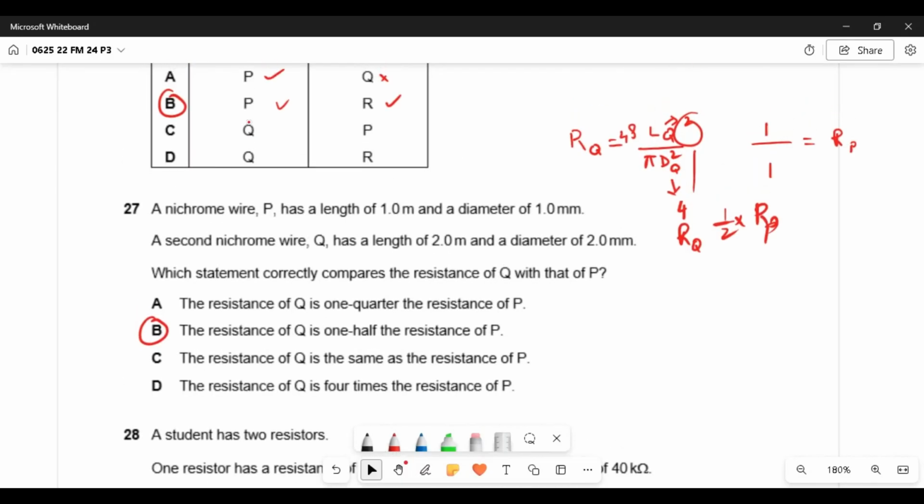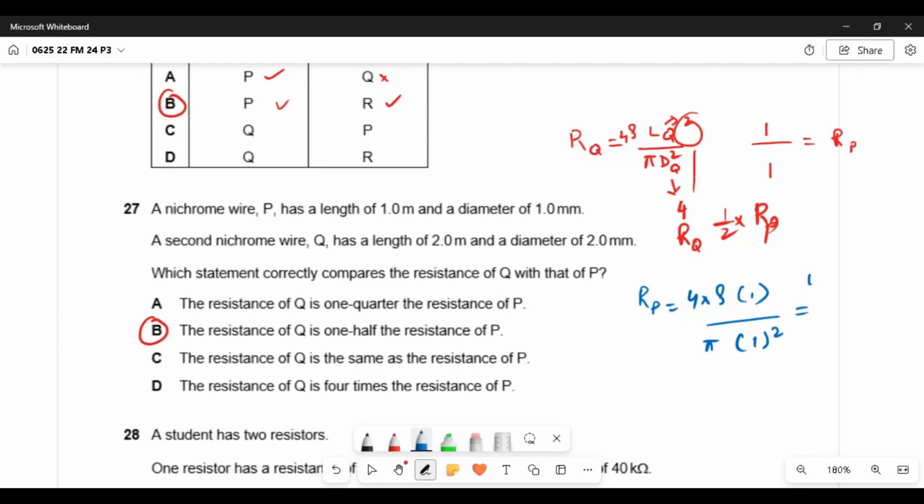We can also substitute the values here, because we have the length and diameter given. Let me solve it that way. Resistance for P is equal to 4 times resistivity, length is 1, diameter I will keep in millimeters, 1 squared.